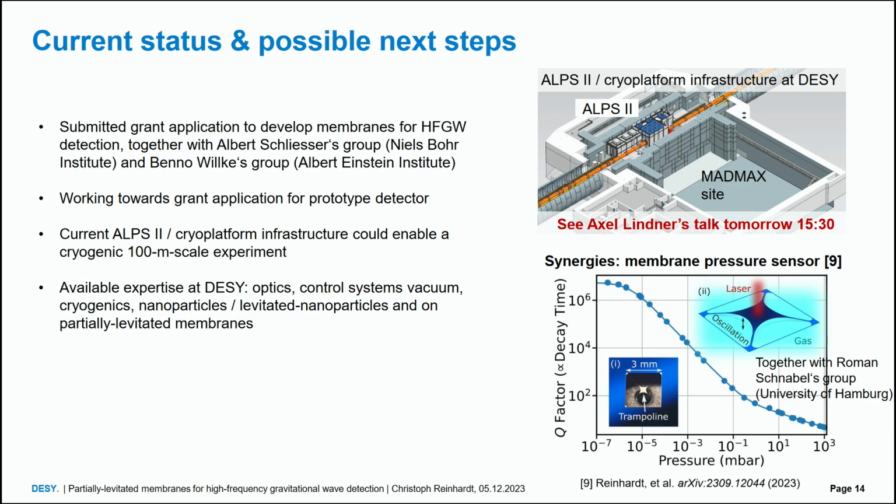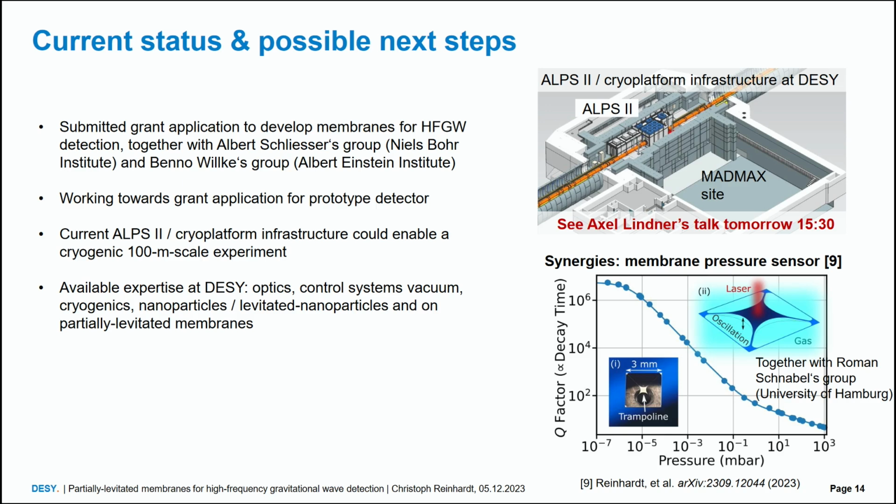Then I'm also working towards a grant application to realize such a prototype detector. And if one would like to dream about a future realization of a full-scale detector, then of course the ALPS 2 experiment at DESY comes to mind, which comprises 200 meter long cavities. You can see here this infrastructure, where there's also the cryo platform at DESY, which provides the cryogenic environment for realizing such an experiment.